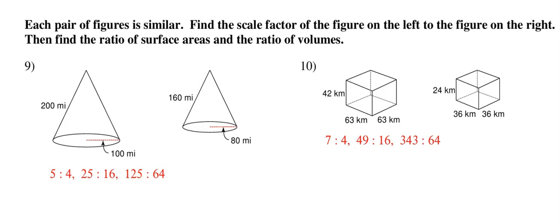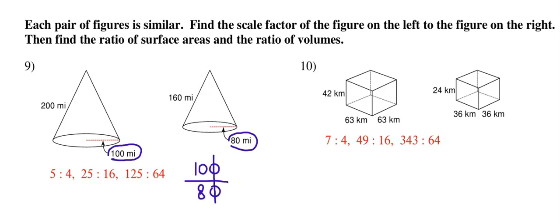When you want the scale factor, you need to find the length that is indicated, such as the radius, the height, the slant height, or if you have a prism, the length with height. For this reason, I'm looking at 100 and I'm looking at 80, and I simply write down 100 over 80.